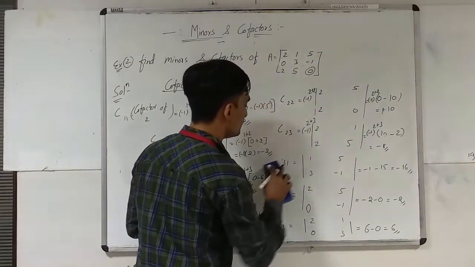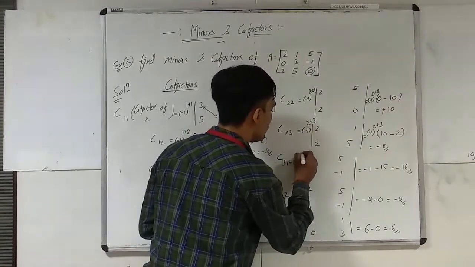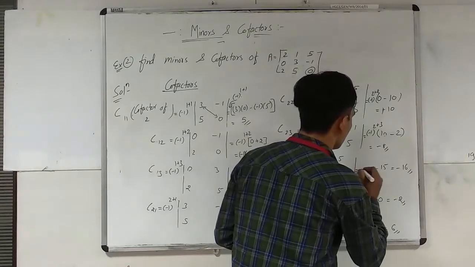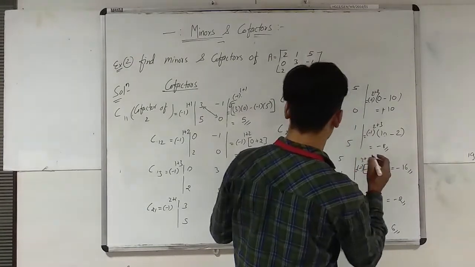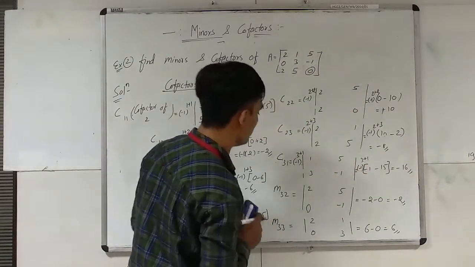Same way, C31 is minus 1 power 3 plus 1, which is 4, so it is again unchanged, minus 16.